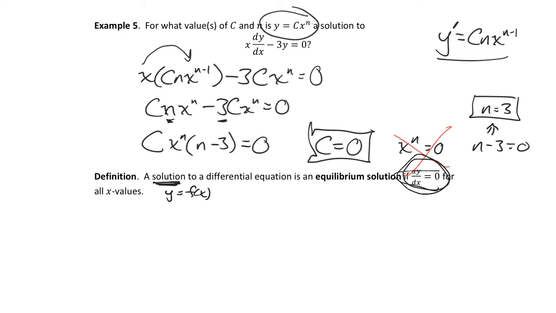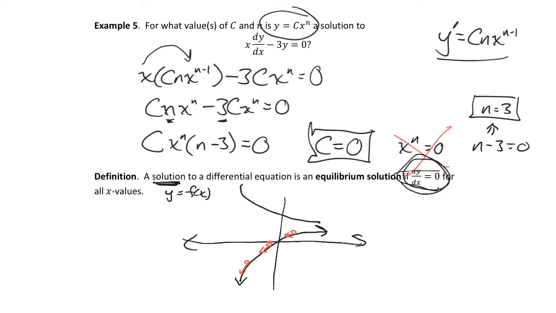Now, what does that mean? Well, remember we're dealing with functions, okay? So I'm going to draw a couple of functions. Here's a function. That's a function. Is that derivative equal to 0? Well, of course not. There are spots when the tangent lines are positive, so the derivative isn't equal to 0 all the time. Well, let's look at another function. How about this guy? Is that guy's derivative equal to 0?